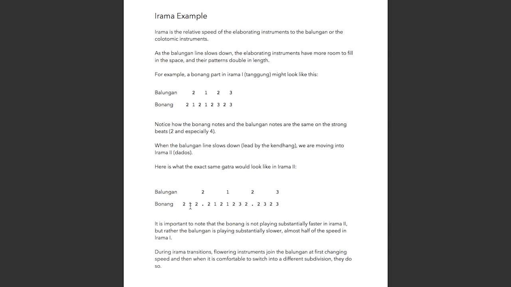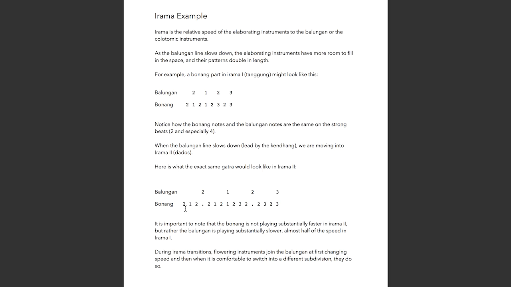But when we're in slower irama, suddenly this very complex texture emerges from all of these flowering instruments that are actually playing wildly different parts, right? The flowering instruments are all taking their own paths, and this balungan melody is not as directly audible. So instead, we have all this extra space that's being filled in by those flowering instruments.